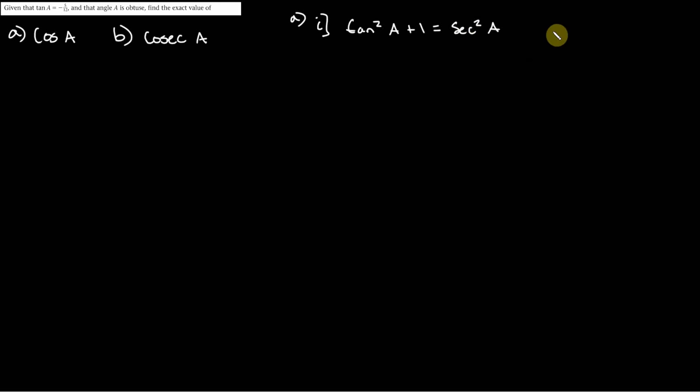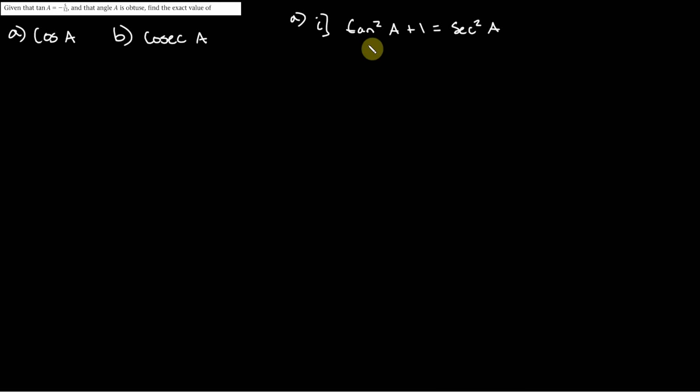If you had cot, the third letter is T, so it's 1 over tan, obviously. And if you had cosec, the third letter is S, which means it's 1 over sine.